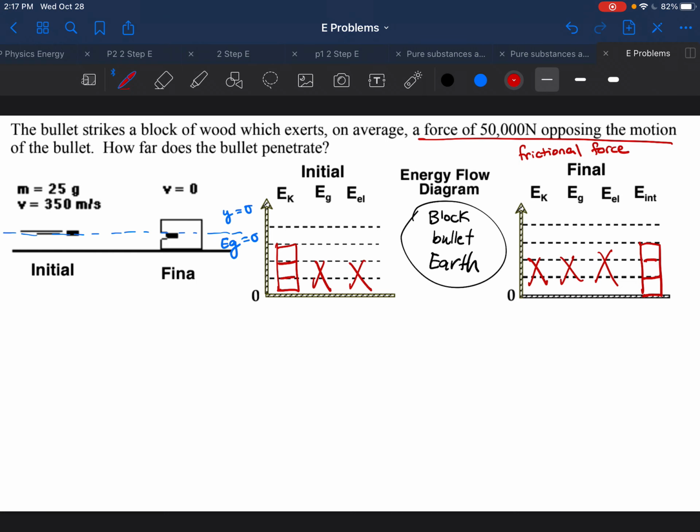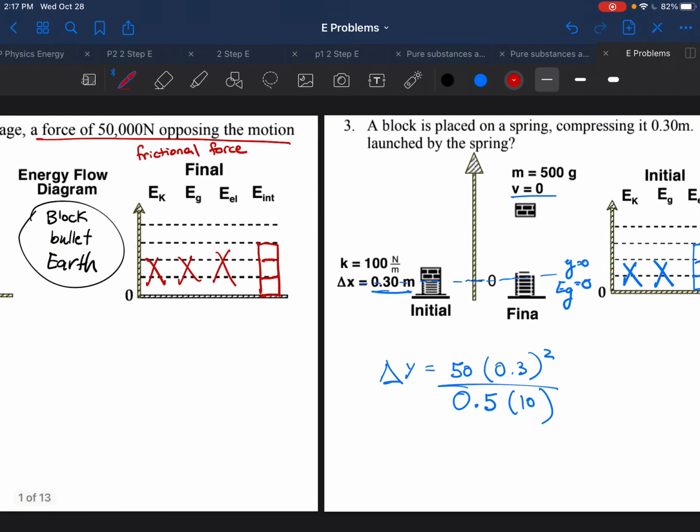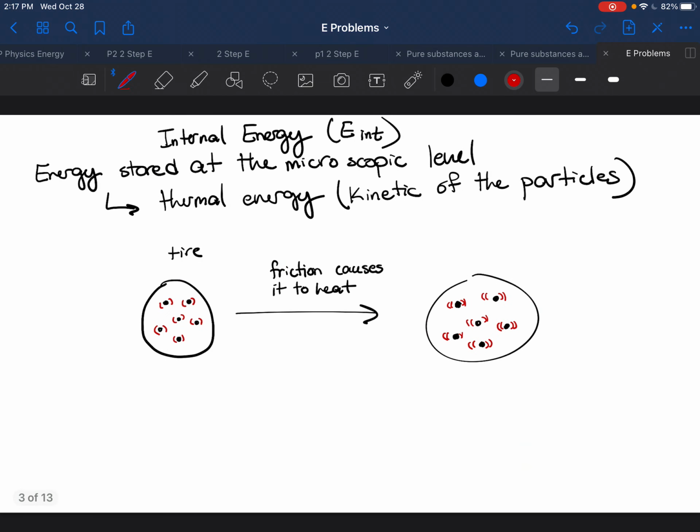So what's happening in terms of internal energy for the bullet and the block? At the moment of impact, or right before the impact, we have a block with particles, and we have a bullet with particles.